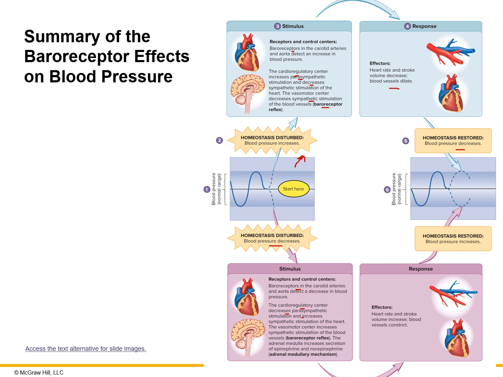Changes in action potentials alter both the vasomotor center and the cardioregulatory center to cause that effect. In addition, the adrenal medulla increases secretions of epinephrine and norepinephrine if pressure gets too low, which is the adrenal medullary mechanism, and that's going to cause blood vessel constriction to increase blood pressure.